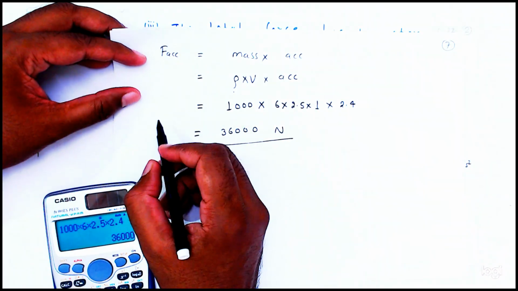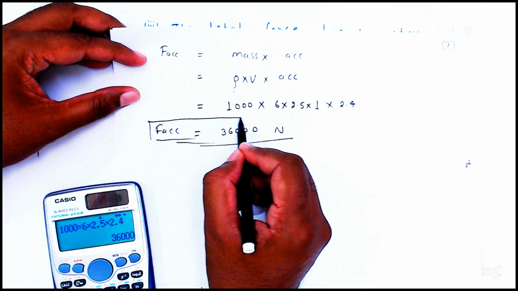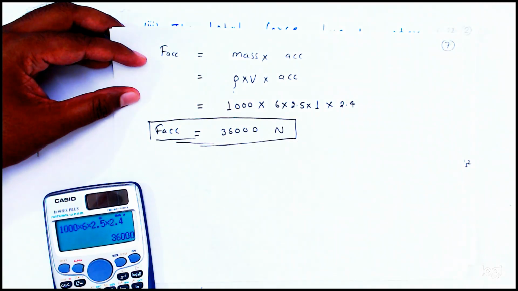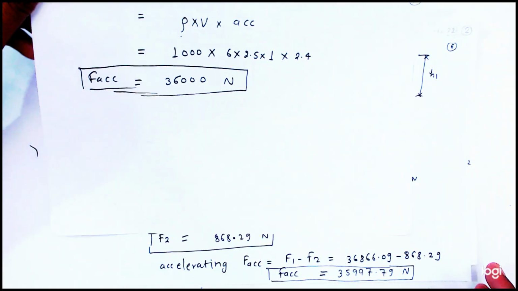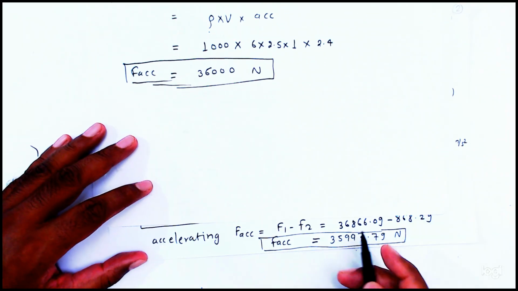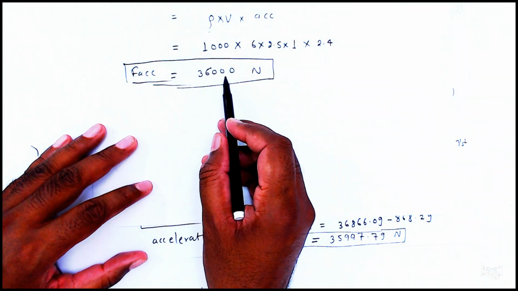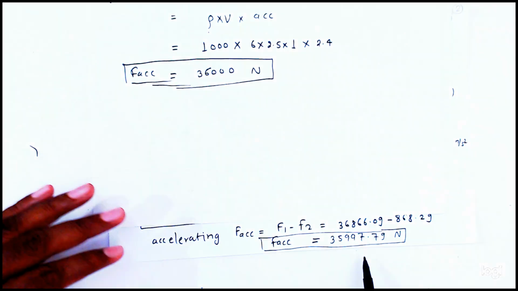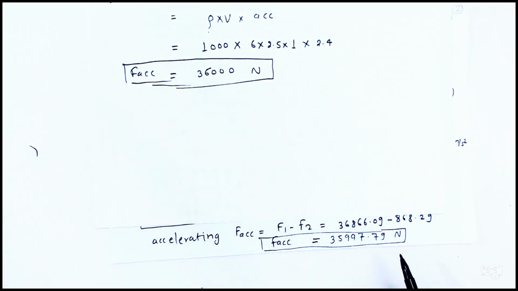Correct? Here F acceleration is equal to 36000 Newton. Friends, it is equivalent to, see here, 35997.79 or here 36000. So almost approximately both values are the same.